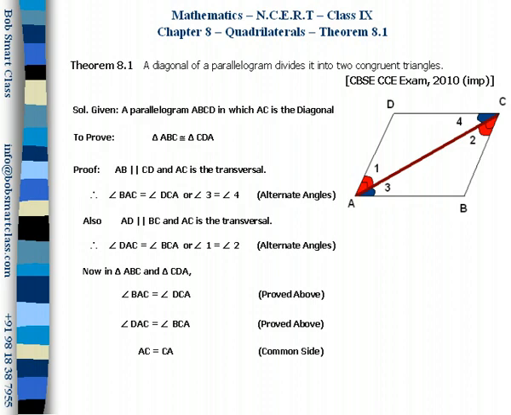Therefore, AC equals CA in these two triangles. Hence, by the rule ASA, which is angle side angle, these two triangles are congruent. Therefore, triangle ABC is congruent to triangle CDA. Hence, this theorem is proved.